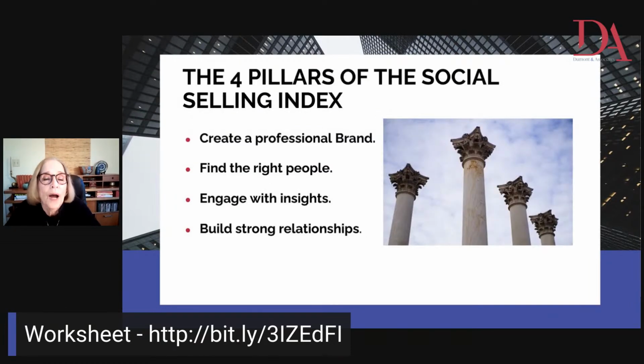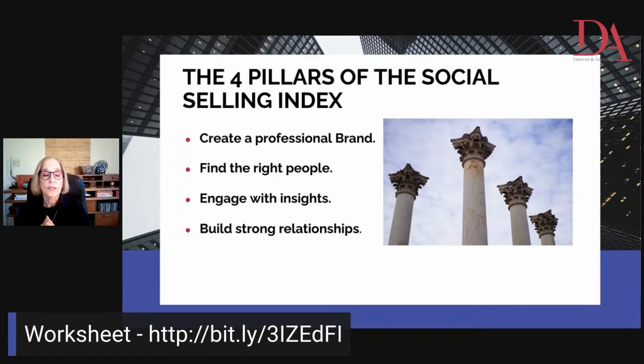All right, now I told you about the social selling index. This is an index by LinkedIn. It changes every day and it measures four different aspects or pillars, as they call them, of social selling. And even if you can't access the social selling index right now, you can know what those things are.